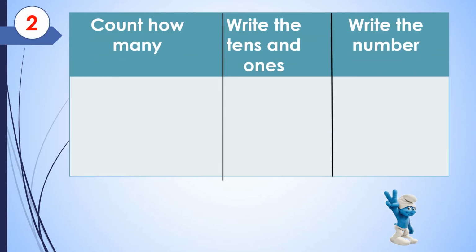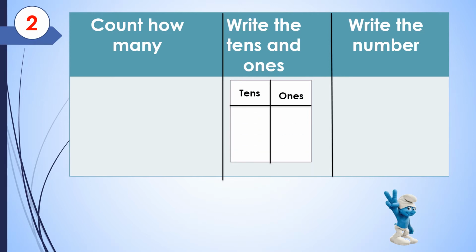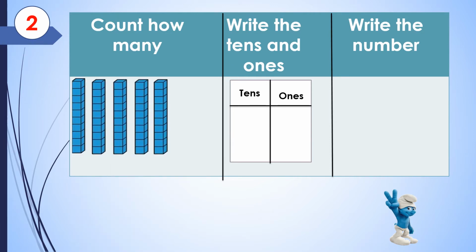Number 2, we have tens, ones. Count 1, 2, 3, 4, 5, 6. How many tens are there? 6. 6 tens, you know that 6 tens equal 60.